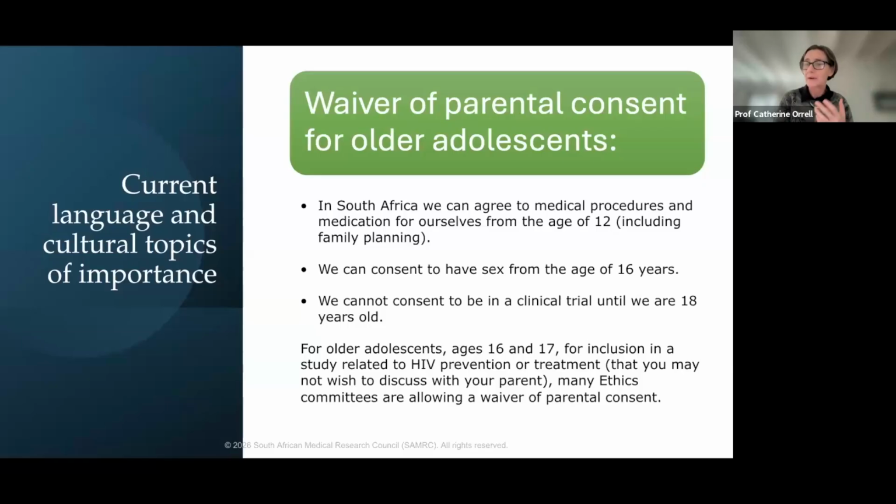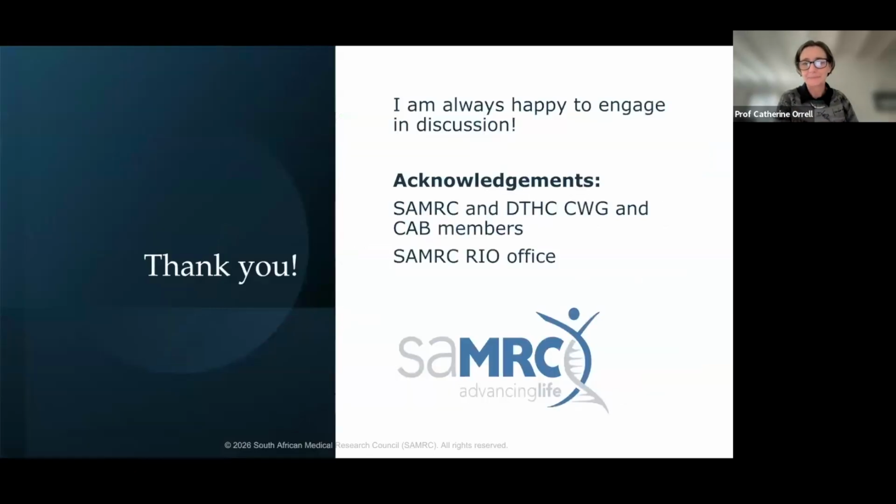In KwaZulu-Natal, where I'm more newly working, that is not yet as regularly done, but it is something we can discuss when we meet with our community working groups, because in high incidence HIV areas, it might make sense for older adolescents and younger adults to make these decisions for themselves. Next slide, please.